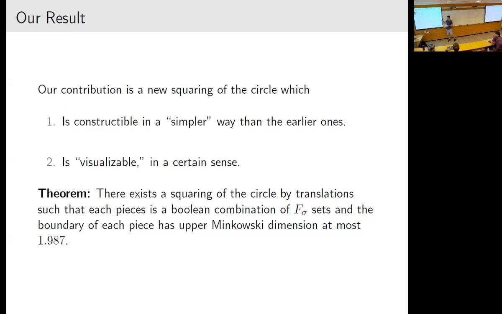And the visualizable part: the boundary of every piece has upper Minkowski dimension at most 1.987, which I'll tell you what that means in a second. But in that sense, it's visualizable.